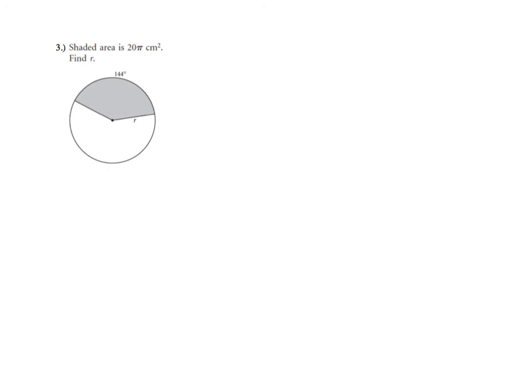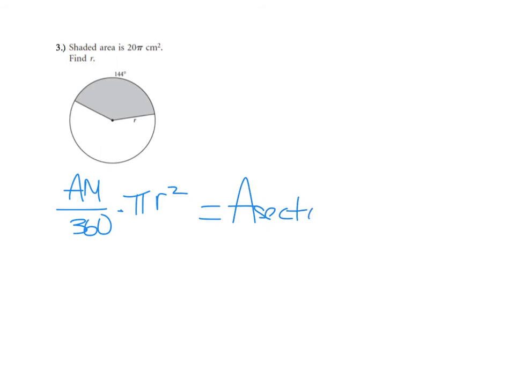So let's start with our formula. Arc measure over 360 times pi r squared, the area of the circle, will equal the area of our sector. All right, let's fill in what we know. So the arc measure we know is 144 degrees, and we're trying to find the radius.